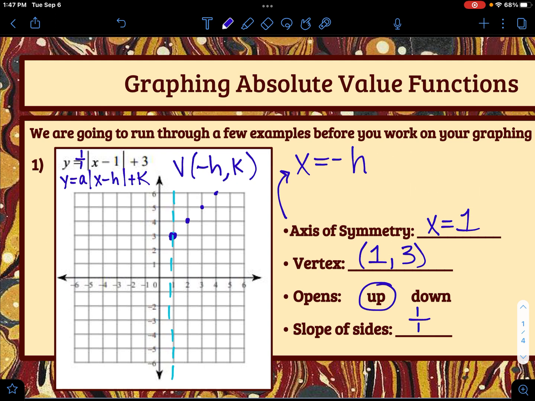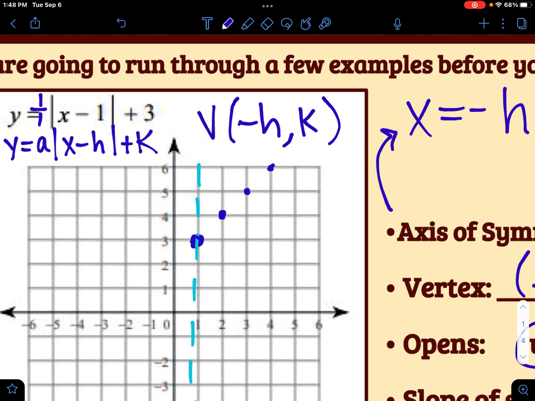Now, there's 2 different ways you can get the other half of the graph. You can go back to the vertex and count up 1/1 the other way, up 1/1, up 1/1. Sometimes that's not ideal, especially if we struggle with slope.